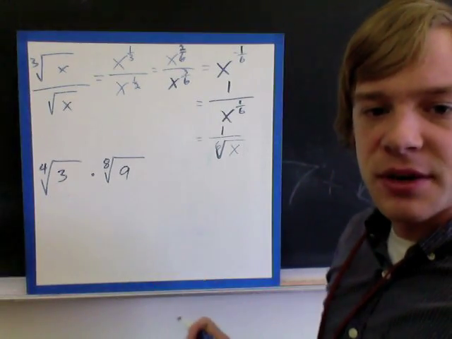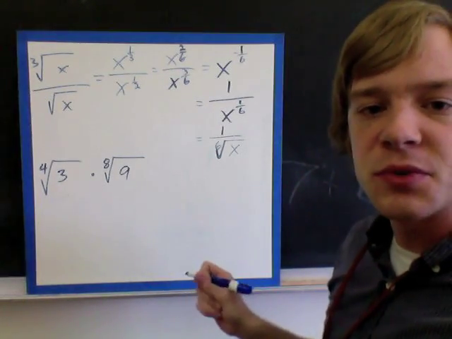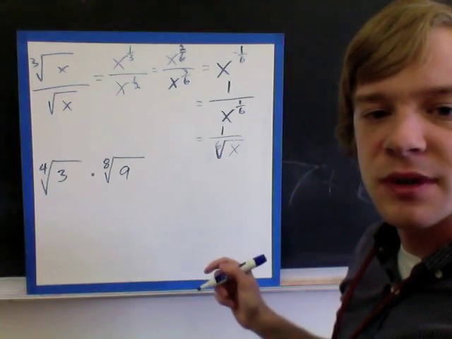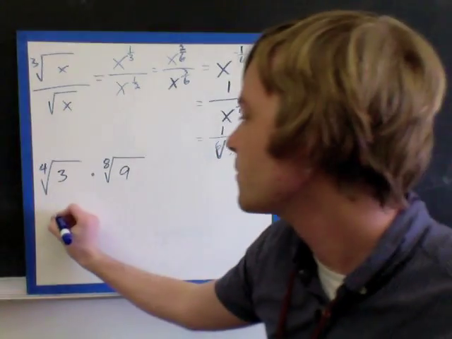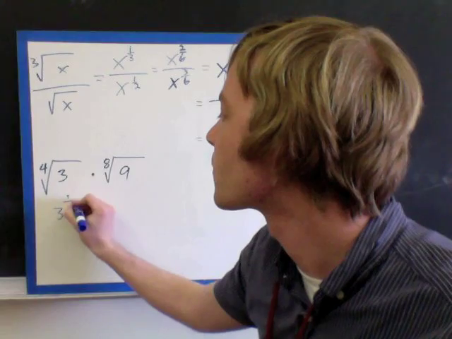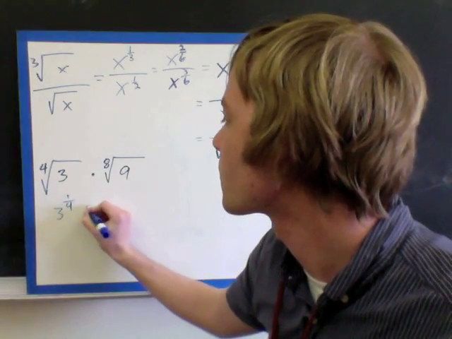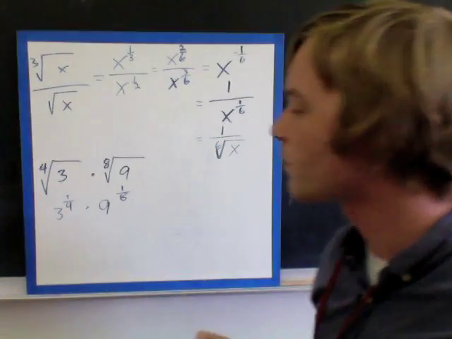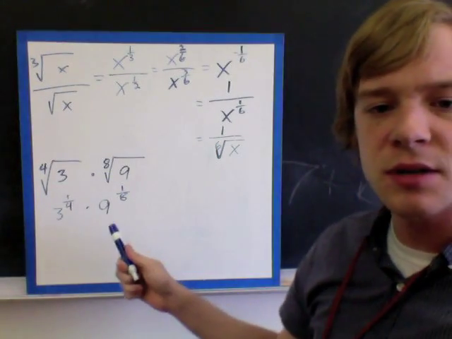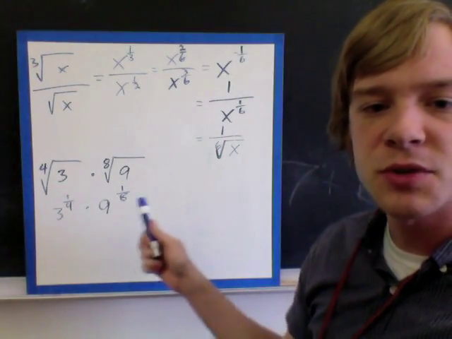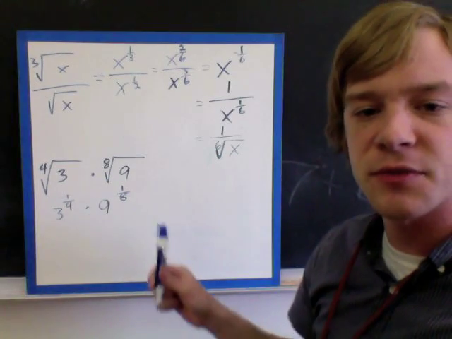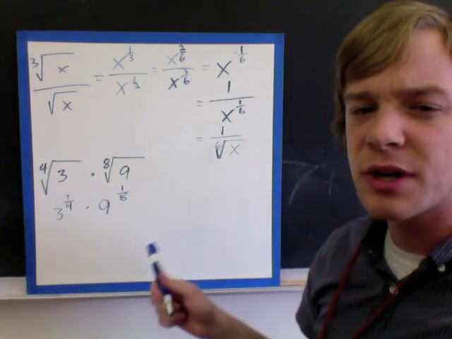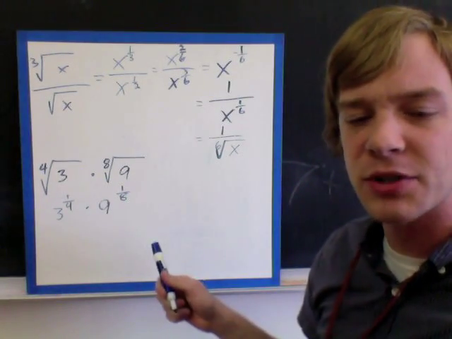This second one here, we do need to convert into exponent form. And we see here, we now have two different bases and two different fractions. So we can either try and get the same base or the same fraction.